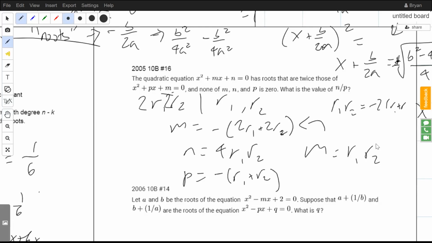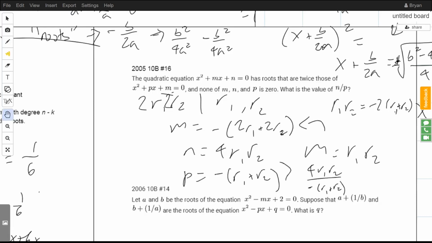And we want to find n over p. N over p is just 4R1, R2 over negative of R1 plus R2. And from this equation right here, through substitution, this is just going to be equal to 4 times negative 2 R1 plus R2.